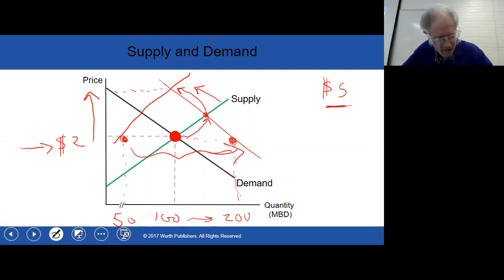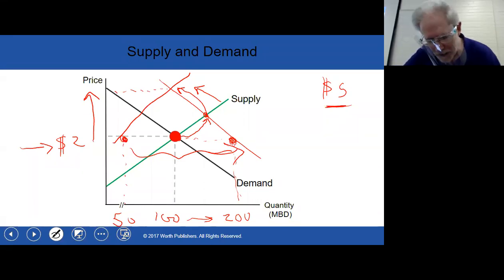And the price may stay down because it's illegal to raise the price. I mean, you can go to jail for raising the price under disaster conditions, or it can simply be that the producers are afraid that their customers will be unhappy with them, and so they keep the price down.